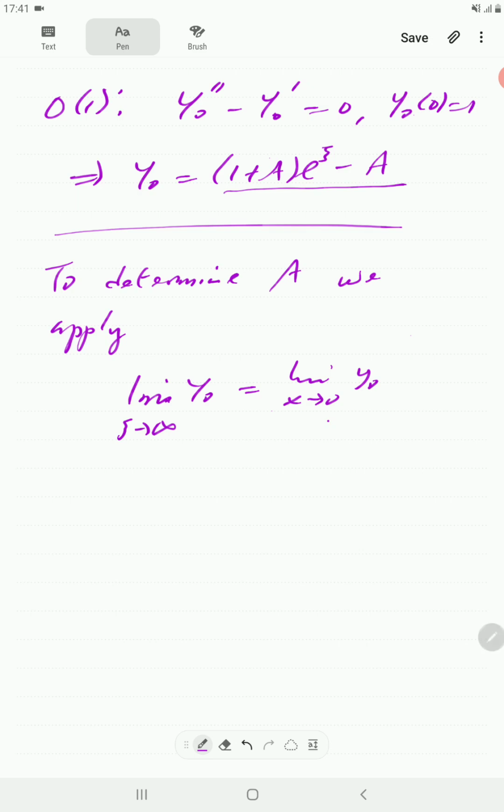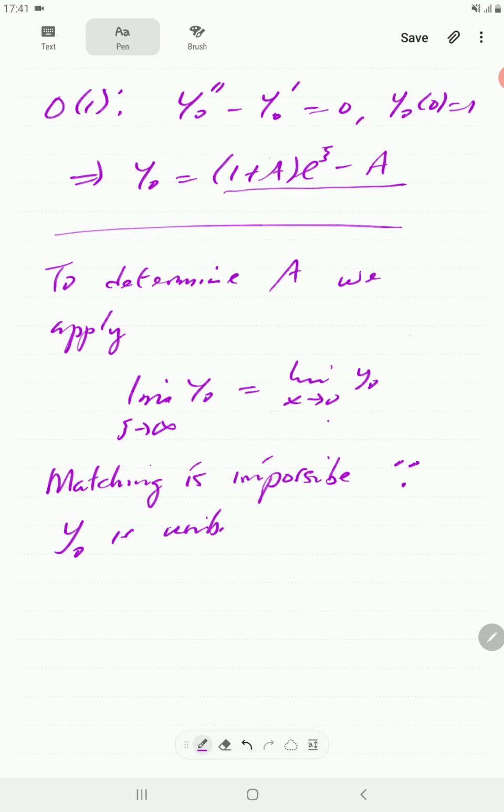Okay, so when we try this, we find that matching is impossible because y naught is unbounded as xi goes to infinity.